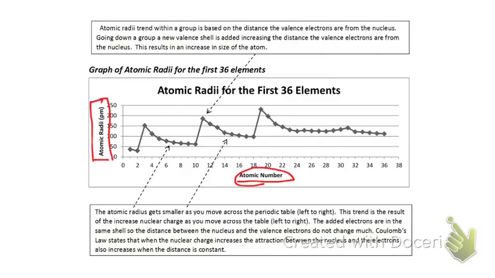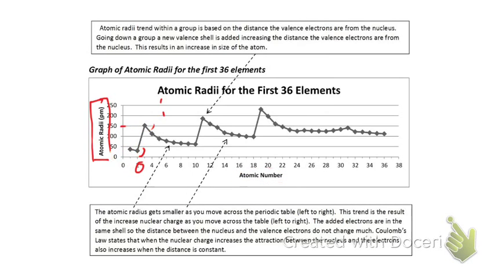Each plotted point here gives us the size of a particular element. So for instance, this one is hydrogen with an atomic number of 1, that is helium with an atomic number of 2, and this represents the size, the radius, of lithium, and so forth. So you kind of get the idea.